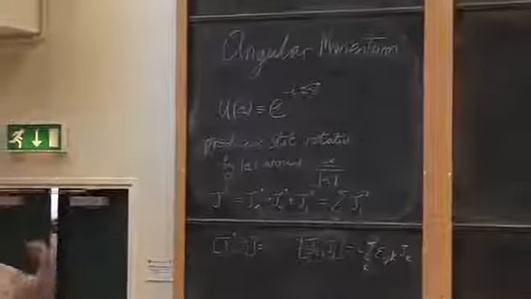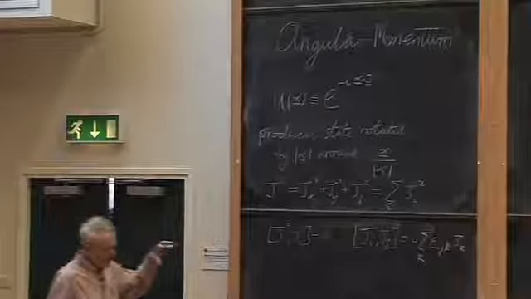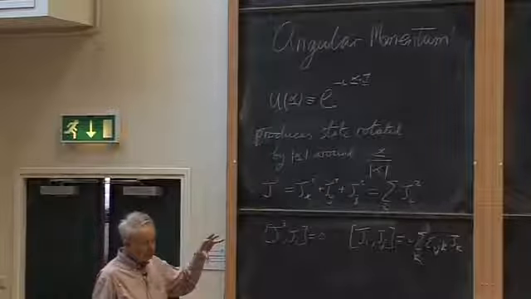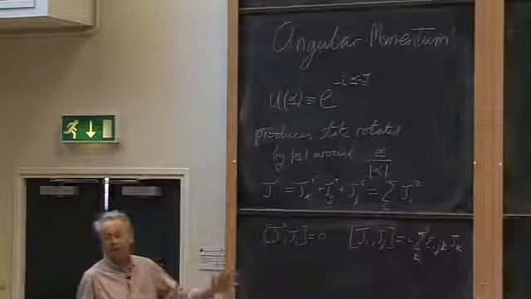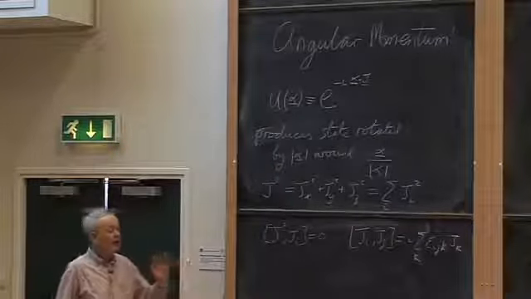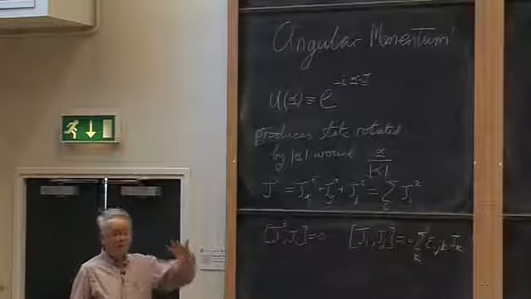So you will recall, I hope, that at the end of last term we talked about operators that generated translations. They turned out to be momentum operators. And we concluded that there must be operators that effect rotations.